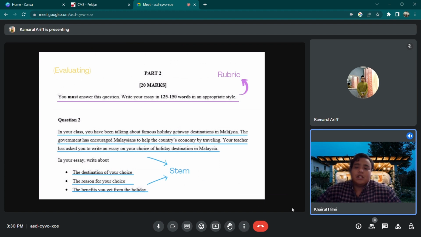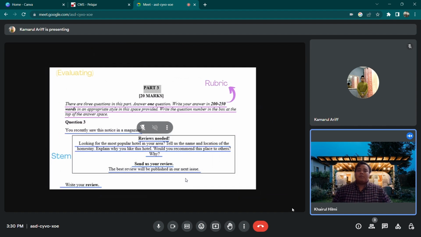And for the question, the blue line is a stem, which is about getaway destinations in Malaysia. So this essay requires students to write with keywords like the destination of your choice, the reason for your choice, and the benefit you get from the holiday. So for part 3, I'm continuing with my group members.